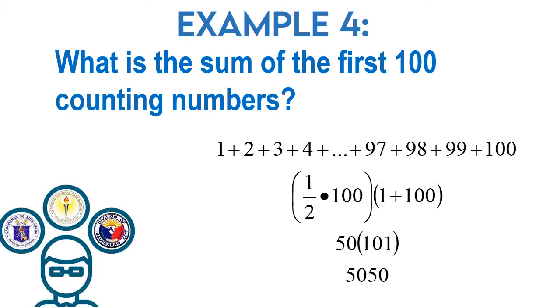The sequence has 100 terms, so we get one half of 100, which is equal to 50. The sum of the first and last terms is 101, and it has to be multiplied by 50. Therefore, the sum of the first 100 counting numbers is equal to 5050.